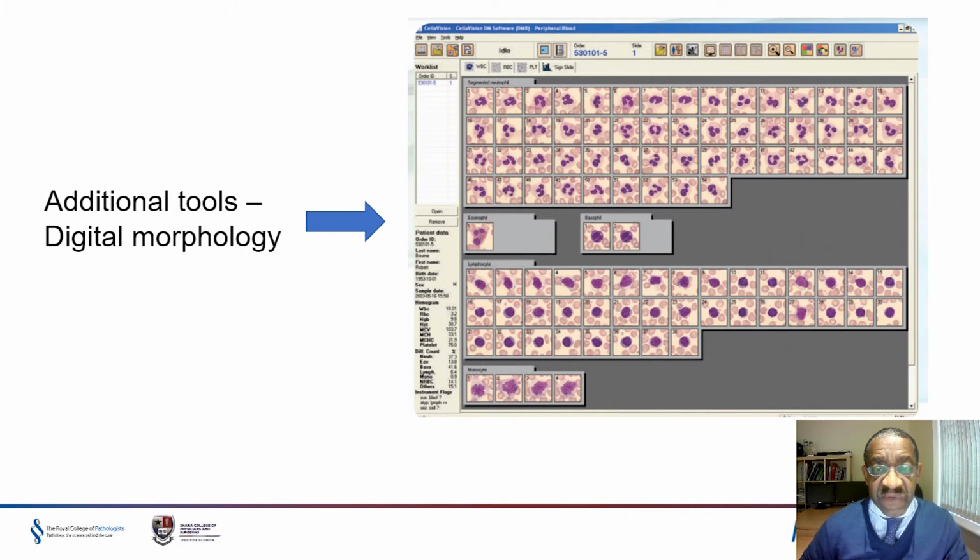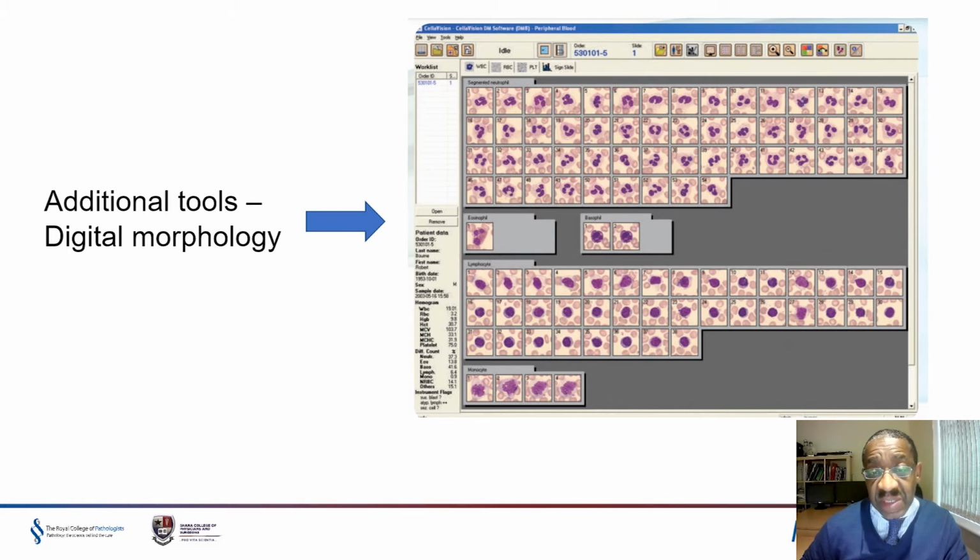Over the last few years, there have been advances in digital morphology, both in hematology, histopathology, and other areas such as microbiology. In the hematology lab, an appendage to a standard analyzer will allow automated production of blood films, and these are read digitally and can be accessed by scientists and hematologists either in the lab or remotely.